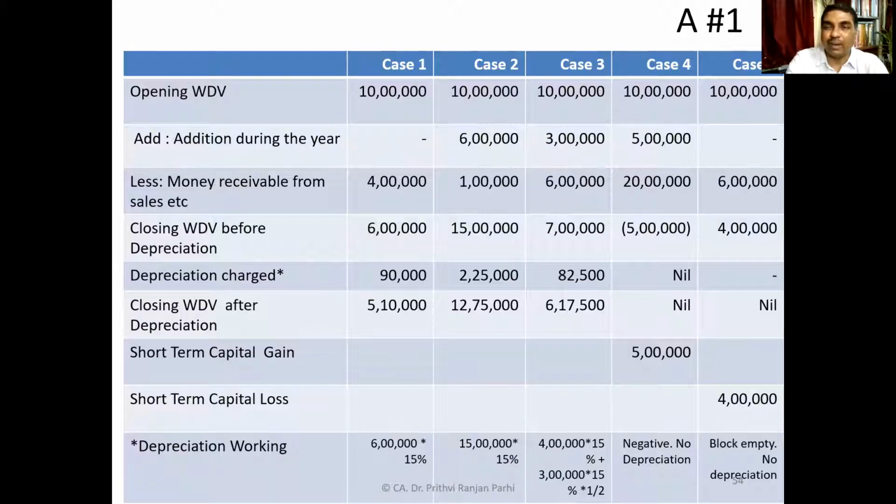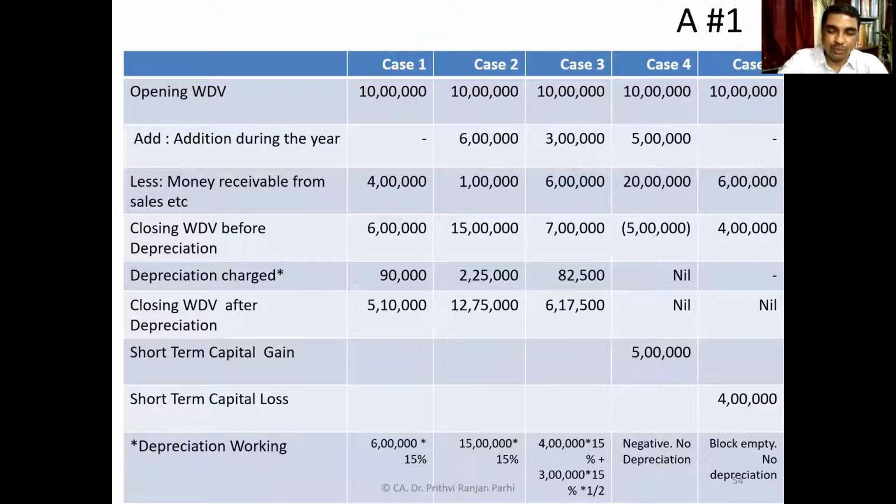Rather, this 4 lakh rupees, which is the closing WDB before depreciation, shall be treated as short-term capital loss. Meaning, the asset which is worth 10 lakh rupees is sold for 6 lakh rupees, a loss of 4 lakh rupees. But since these are depreciable assets, this is not a long-term capital loss, this is a short-term capital loss. I think you have understood this concept.